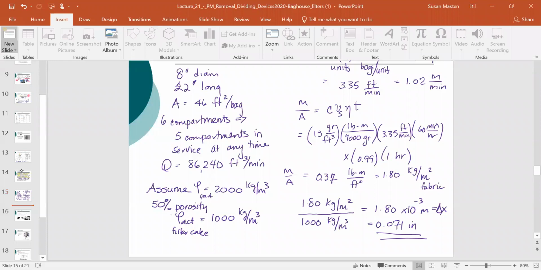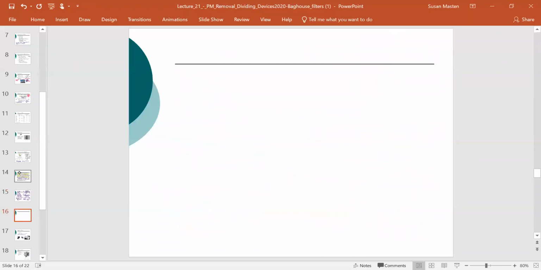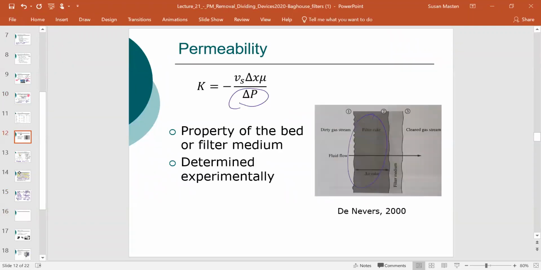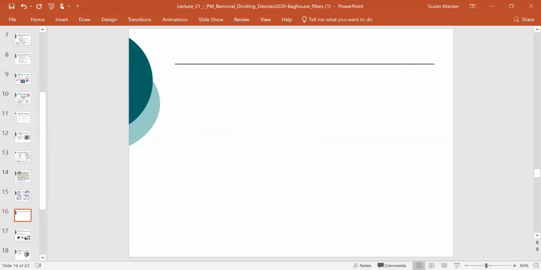We have some more space. Let's just add another slide. You were also asked for the permeability, and if we look back, here we have the equation for the permeability, so we don't have to rearrange that.